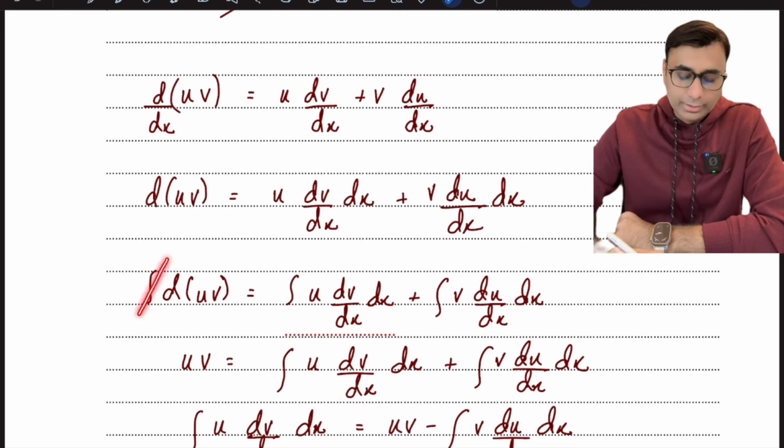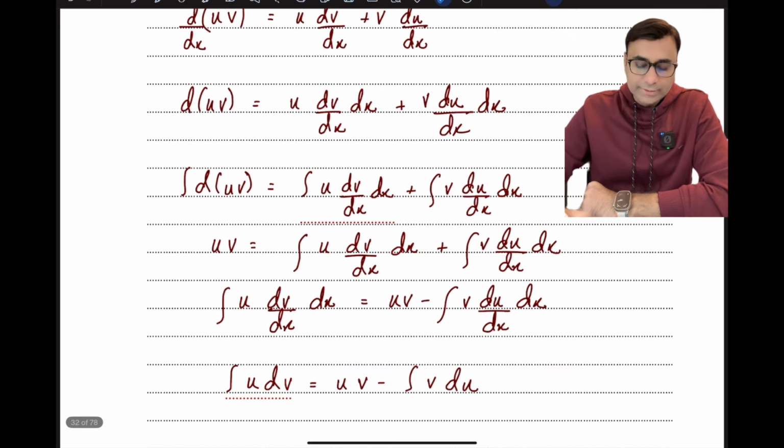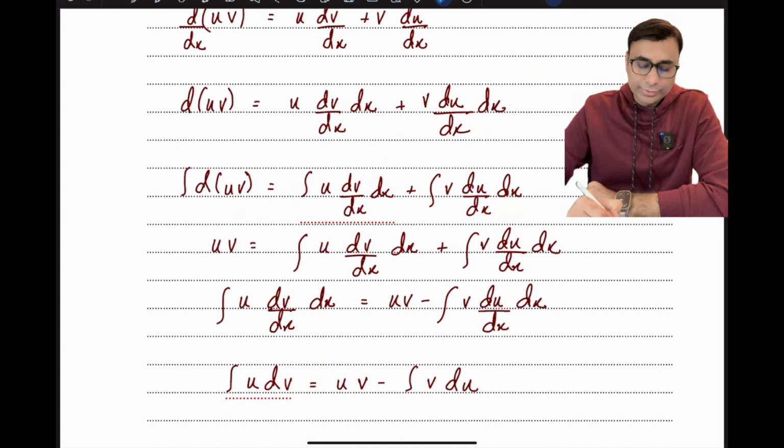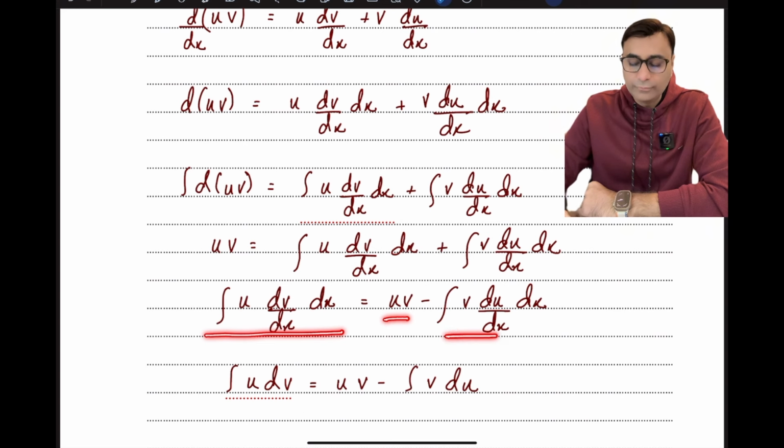Here, the integral and differential will cancel out and you will get u into v. And if you rearrange this formula by shifting v du by dx on the other side, you will get integral of u dv by dx into dx is equal to u into v minus whole integral of v du by dx into dx.